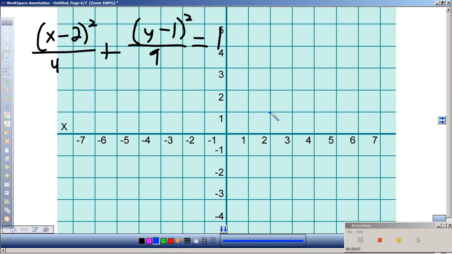You don't necessarily need to mark it, however I like to mark it so I know where I'm measuring from. And is this vertical or horizontal? Okay, it's vertical. What is A? 3. So from this point, I can go up 3 spaces. 1, 2, 3. There's a vertex. 1, 2, 3. There's another vertex.